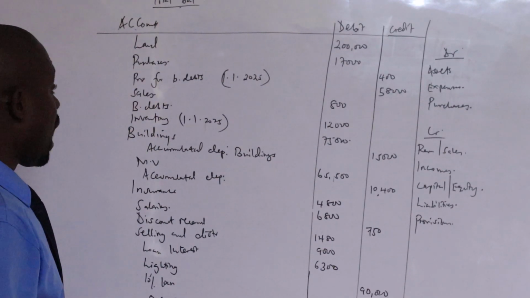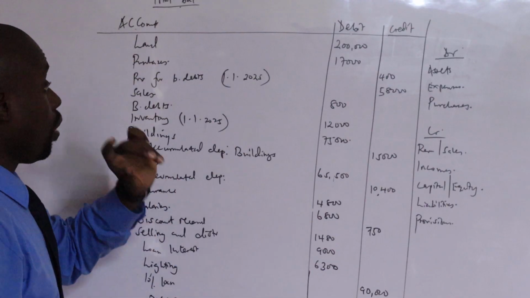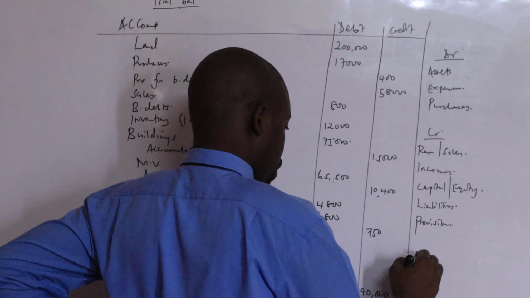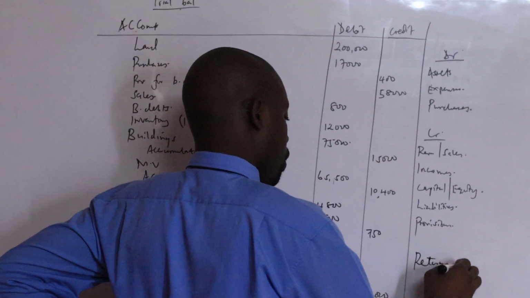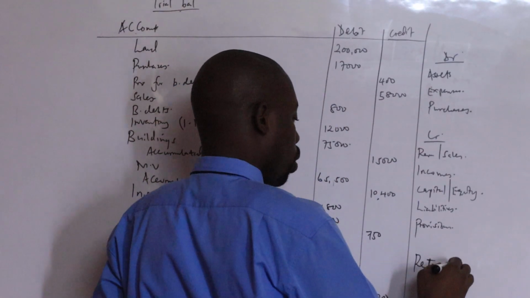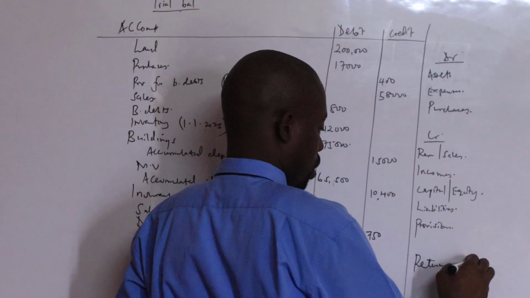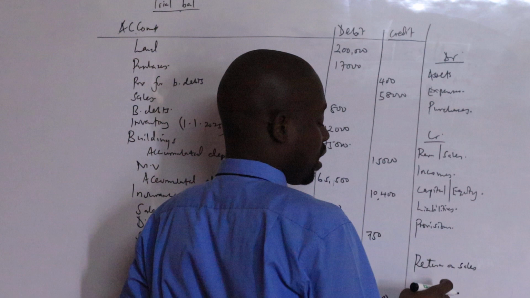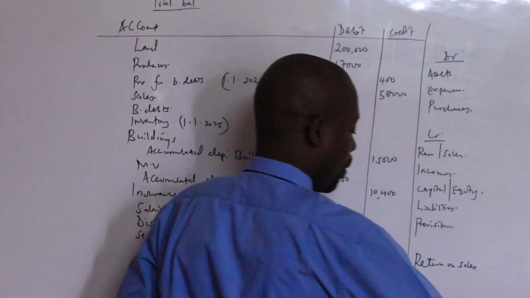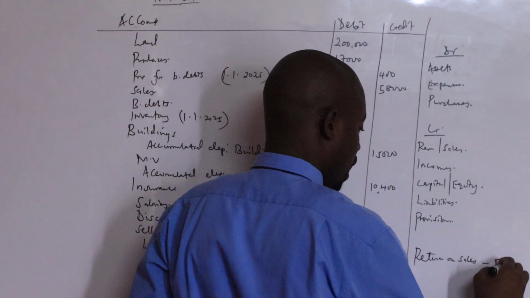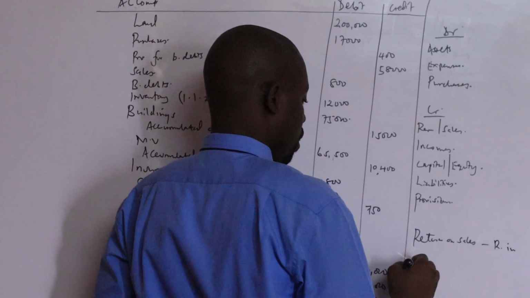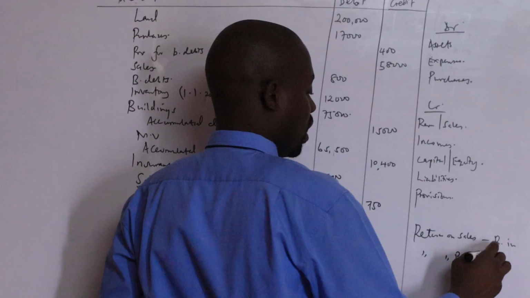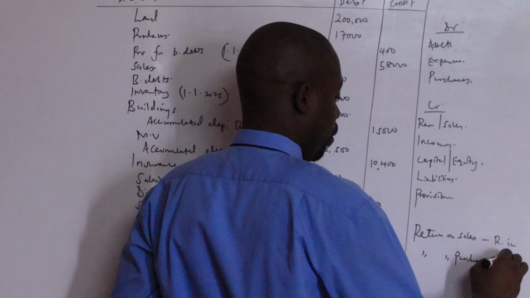Now, there's something I've not captured, but it's also to appear here. What we call returns. We have return on goods sold, return on sales. These are goods we sold, now they are being brought in. It's called return inwards. Return on purchases: we bought by bringing the goods in, we are taking them back out.